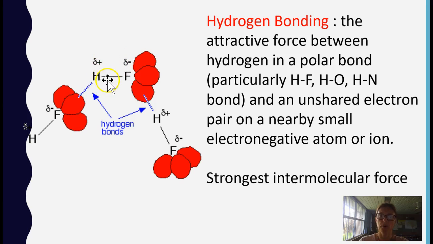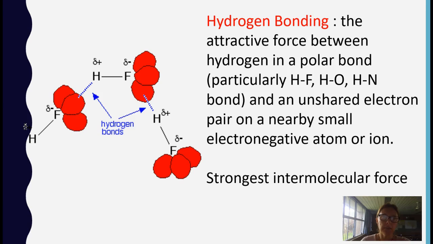One is our dipole positive, our negative here, and the hydrogen bonds are what attract it to a fluorine in one of the other molecules, because remember, our intermolecular forces are those forces between one molecule and another, not within the molecule. So this hydrogen bonding only occurs between molecules in which there is a hydrogen atom covalently bonded to another highly electronegative atom, such as our oxygen, nitrogen, chlorine, or fluorine.